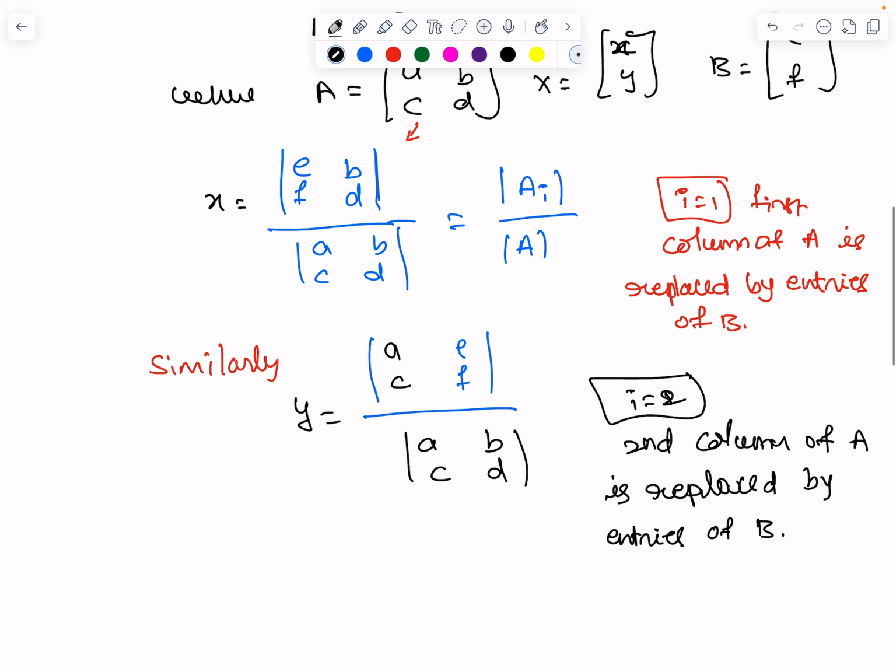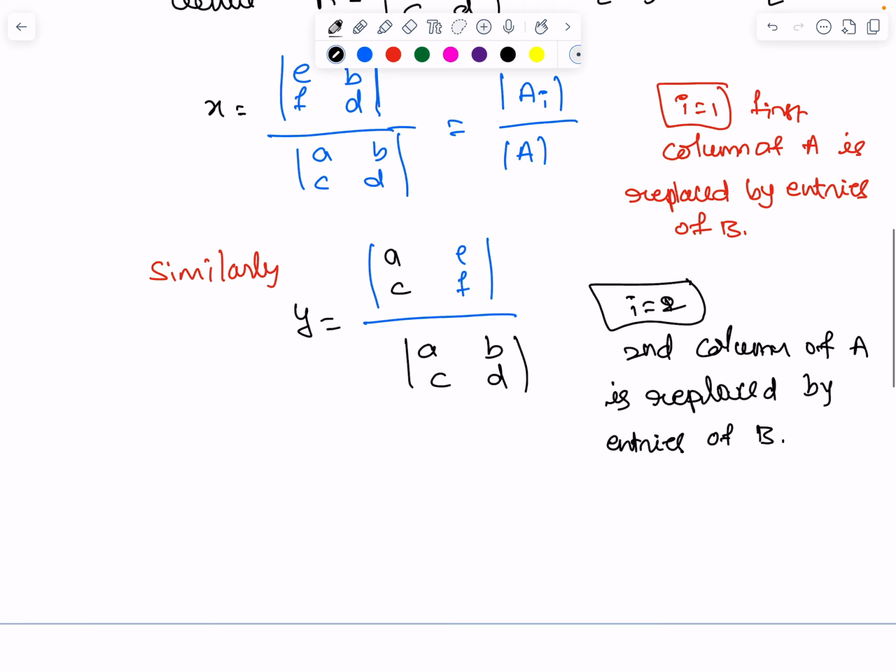You can generalize it if the given system is of the form Ax equal to b, where A is a 3 by 3 matrix. Then you can write z is equal to determinant of A3 divided by determinant of A, where the first column and second column are from A, and the third column is from the B entries.